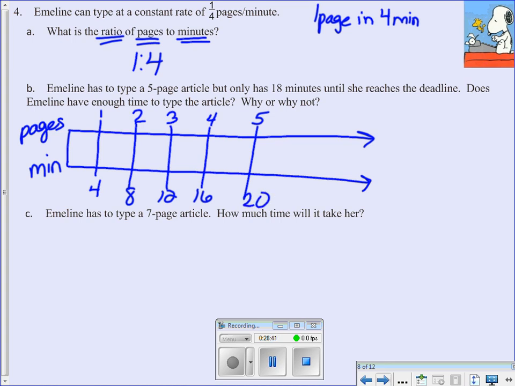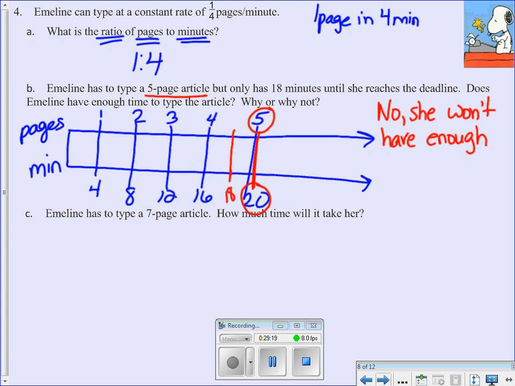Now she only has 18 minutes. Will she be able to type 5 pages in 18 minutes? No. How long will it take her to type 5 pages? Takes her 20 minutes.